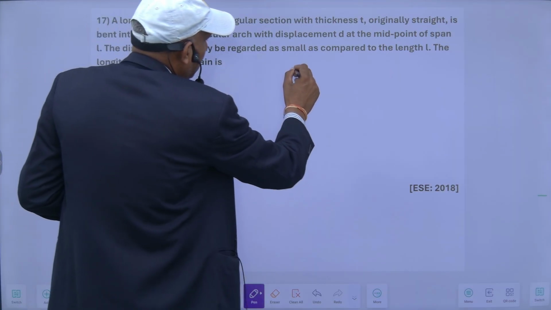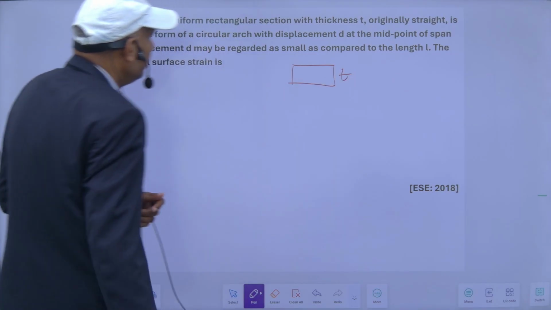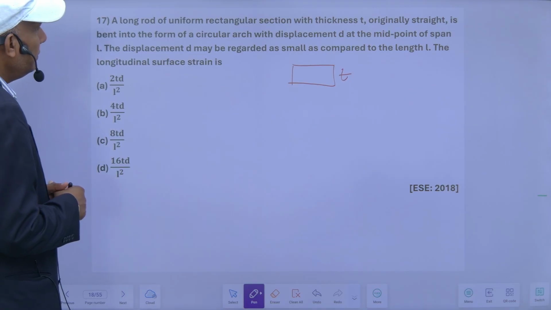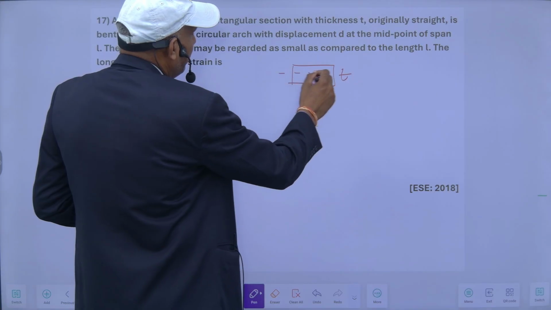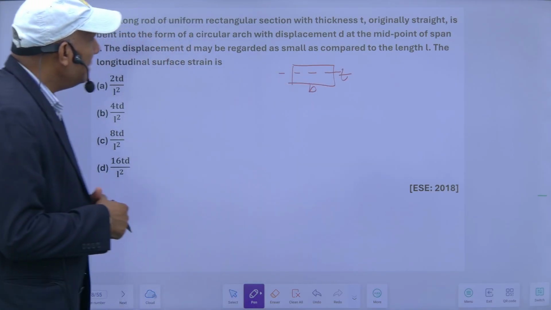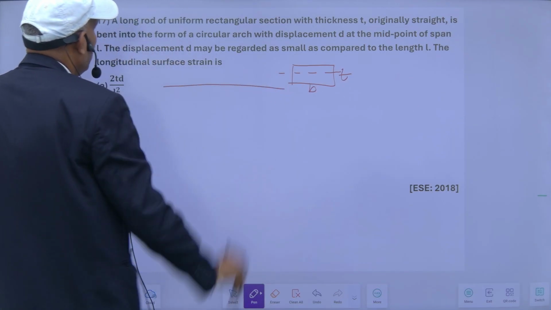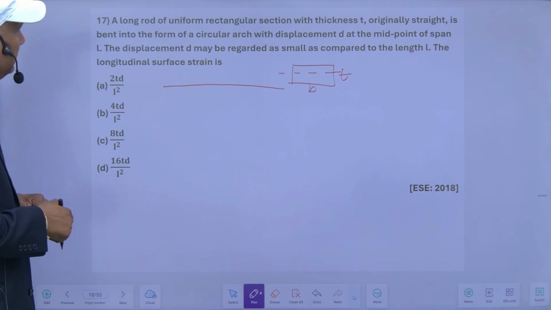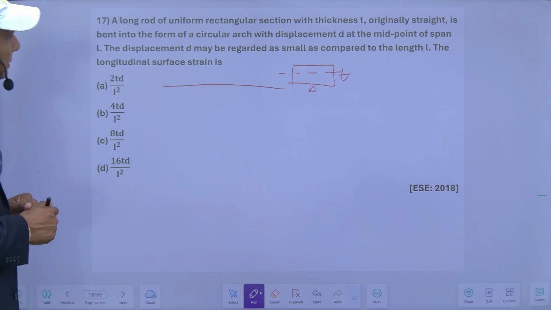This is my thickness T, and the long rod of uniform rectangle has width like this. Originally it is straight and is bent into the form of a circular arc with displacement D.